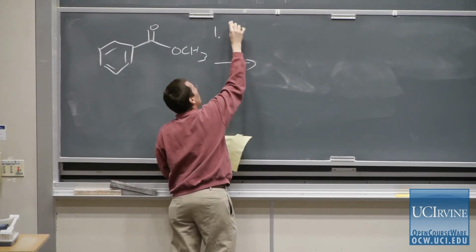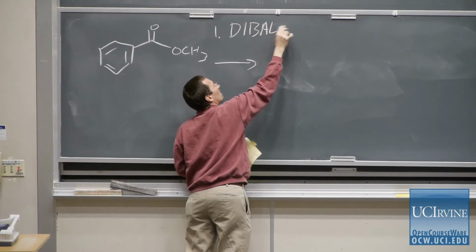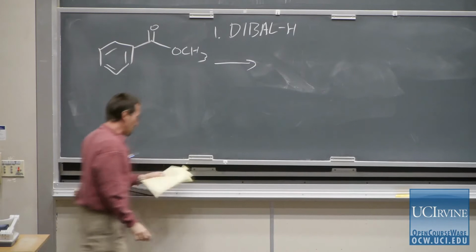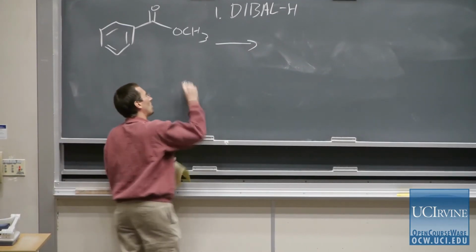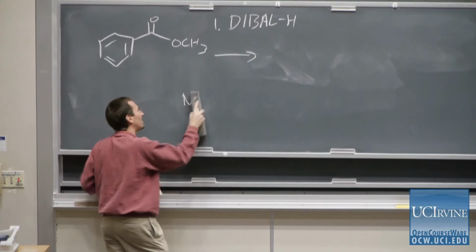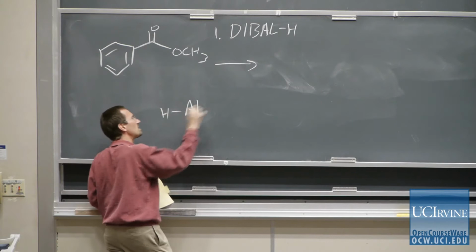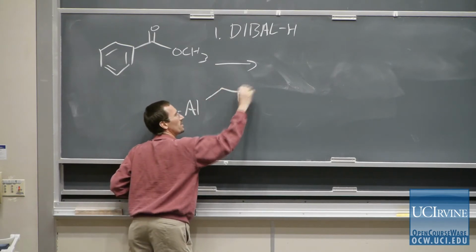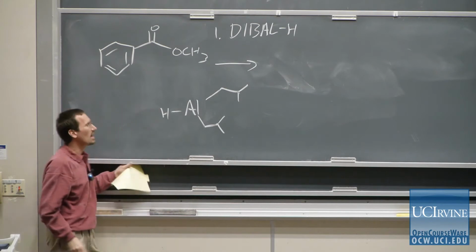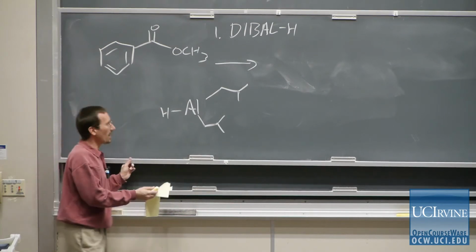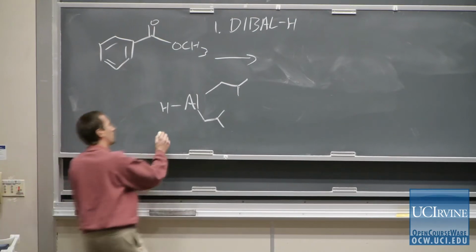If you take the reagent DIBAL, this reagent has three different names that people call it, depending on the source you go to. The reagent is diisobutyl aluminum hydride. That's two isobutyl groups and an aluminum, and a hydride, a hydrogen on aluminum.